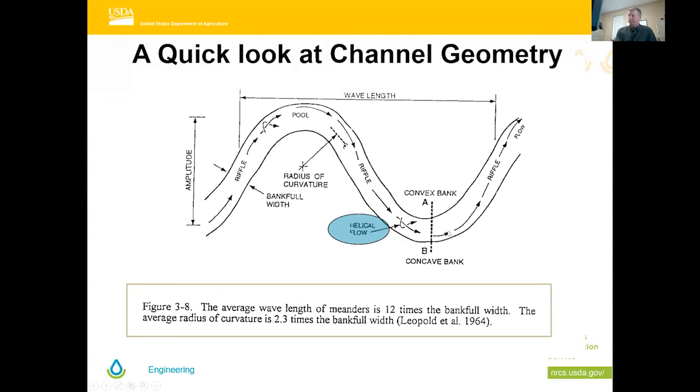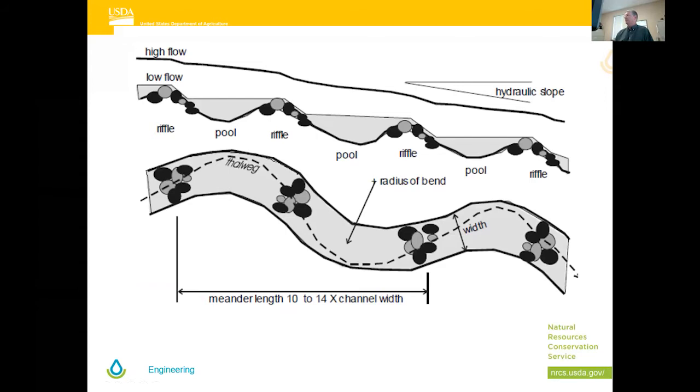And then you can see from this one, this is a profile of a channel showing that you get these areas of riffles, areas of pools, then a riffle, then a pool. This is what a naturally stable channel planform looks like in most cases. And those tend to happen about every 8 to 14 bankfull widths, or channel top widths.